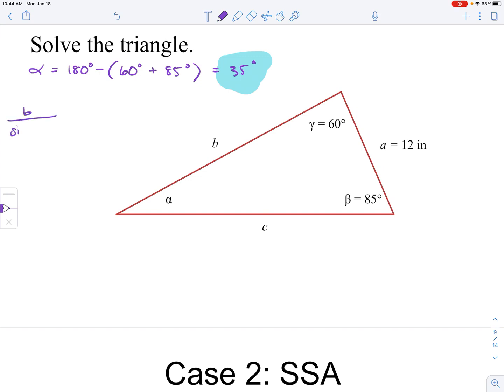And then I'm going to solve for side B. So B over sine of 85 degrees equals, again, I like to use the given as much as possible, so we would use the fact that A is equal to 12 inches over sine of 35 degrees.